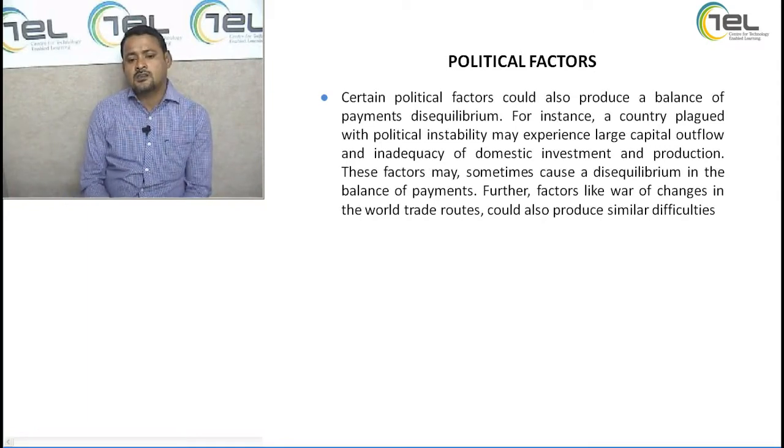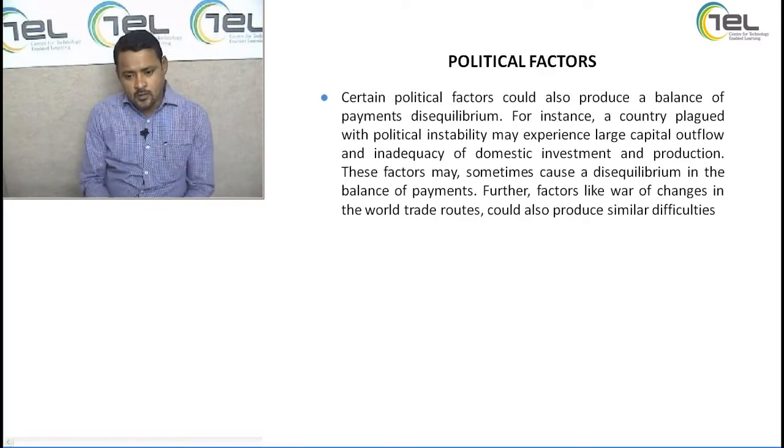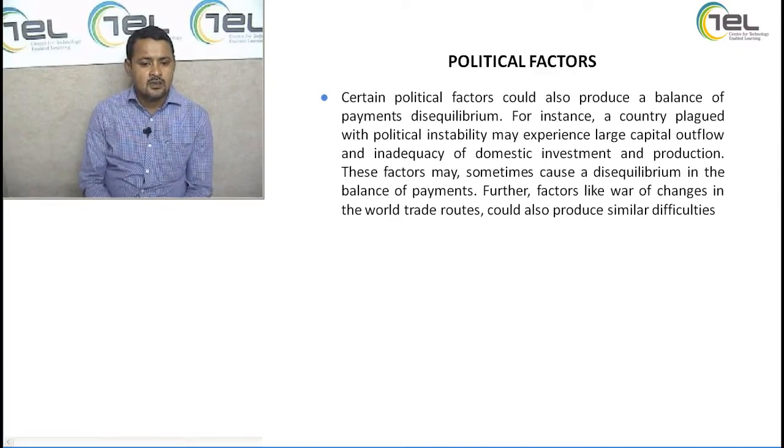Then there are political factors. Certain political factors could also produce balance of payment disequilibrium. If there is political instability, with government changing every 2 years, or if the central government falls in India and a consequent general election happens, the general election will cost India a huge 1,000 crores to the government exchequer apart from private investments. That is not easy. Political instability will bring discontinuance of rules and regulations.